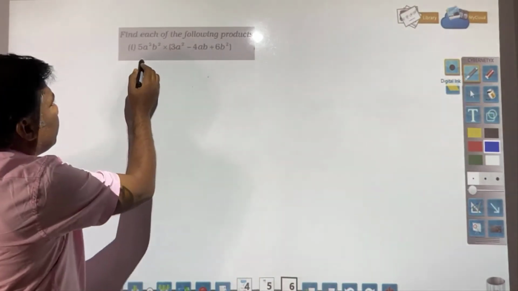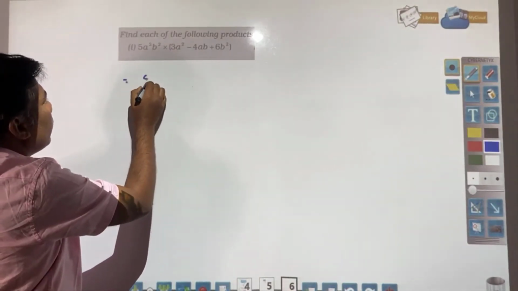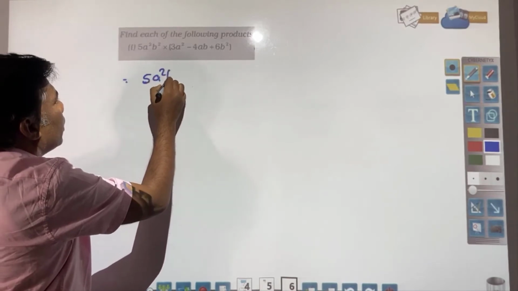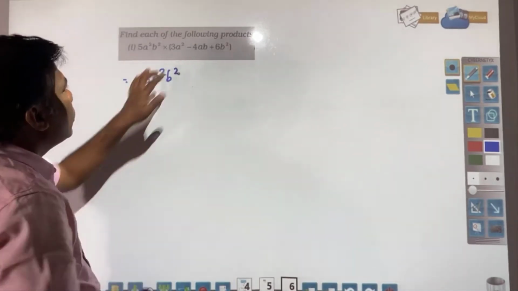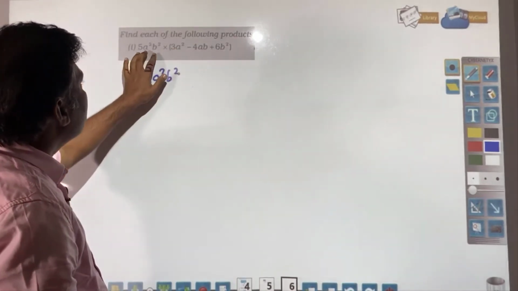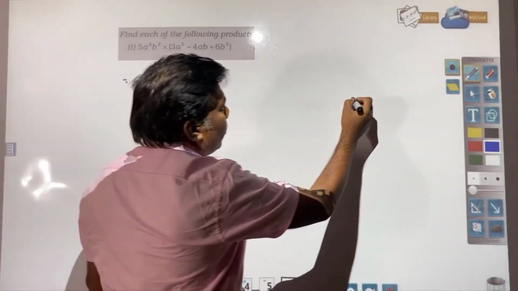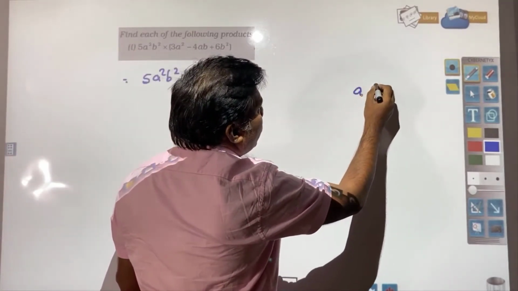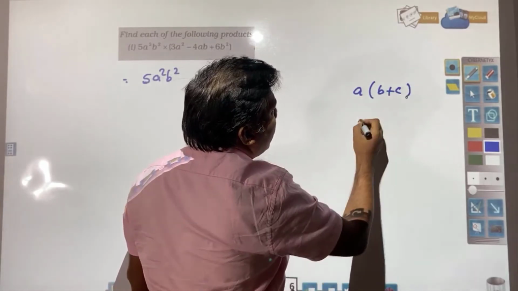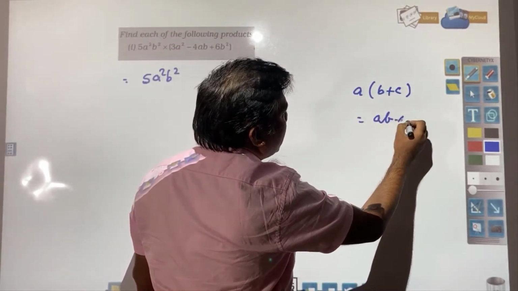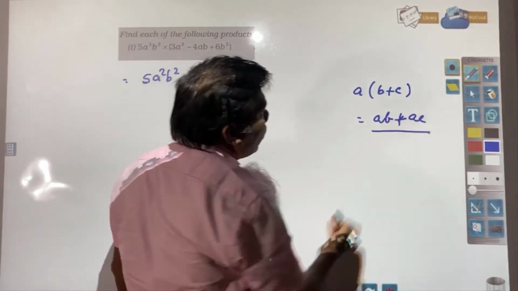Here you see 5a square b square into this term is there. It means distributive law will be applied. Suppose you have a into b plus c will be equal to ab plus ac. So this law will be applied.